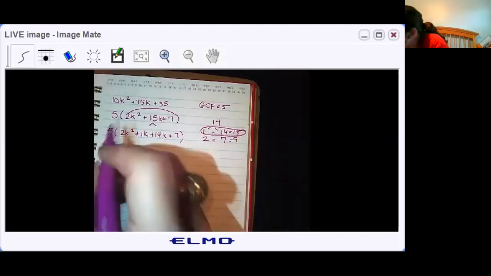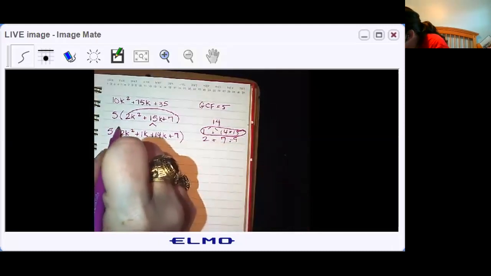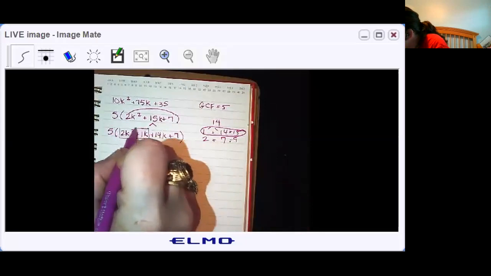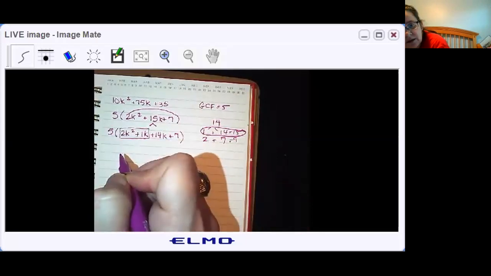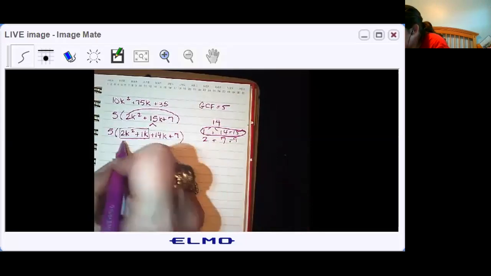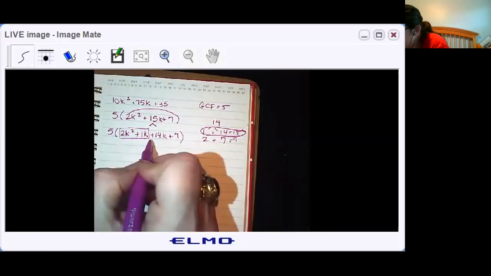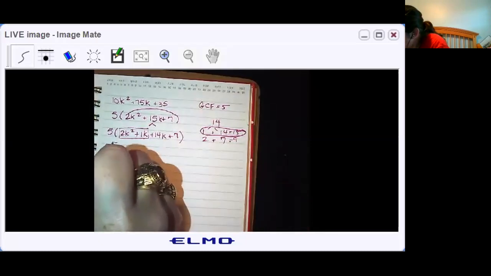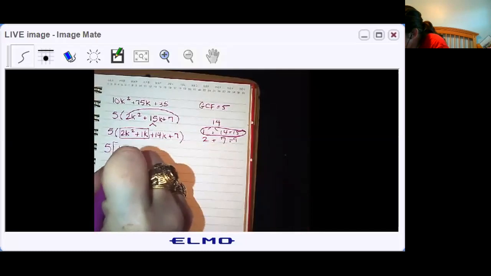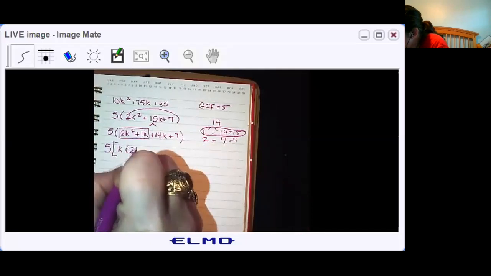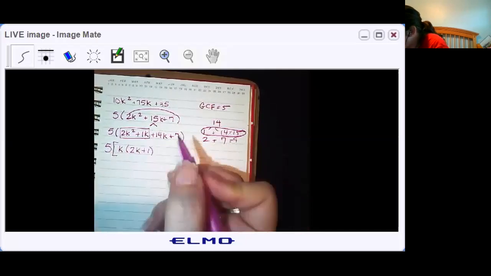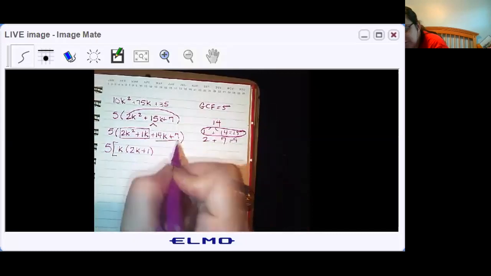Okay, now let's look. First two terms, do they have something in common? Not on the number side, but they do on the variable side. I can take out a k from both of those and leave 2k plus 1. Now we'll go to the other two.